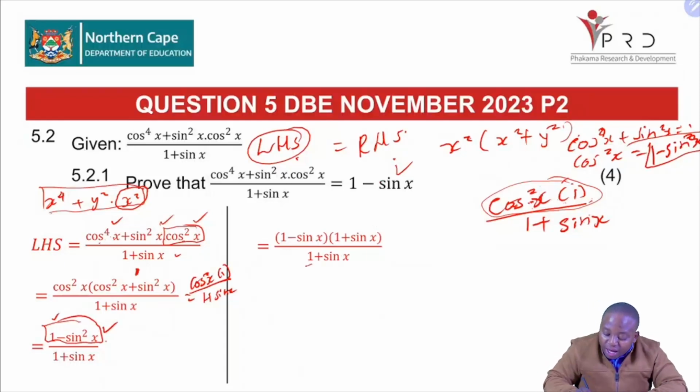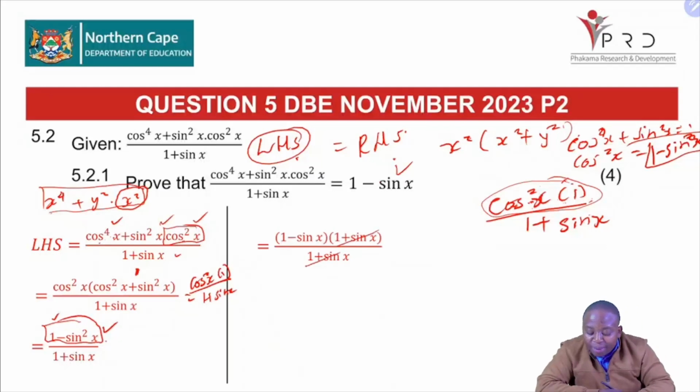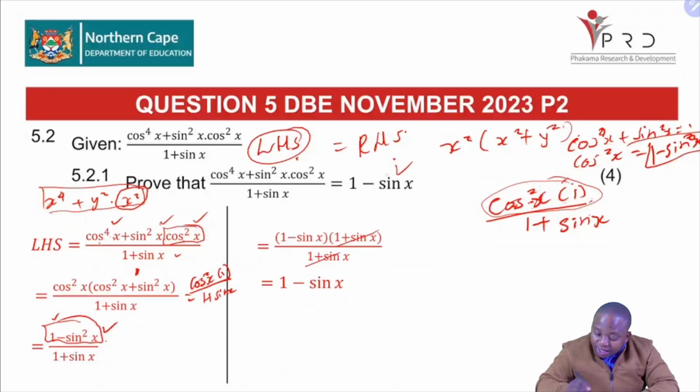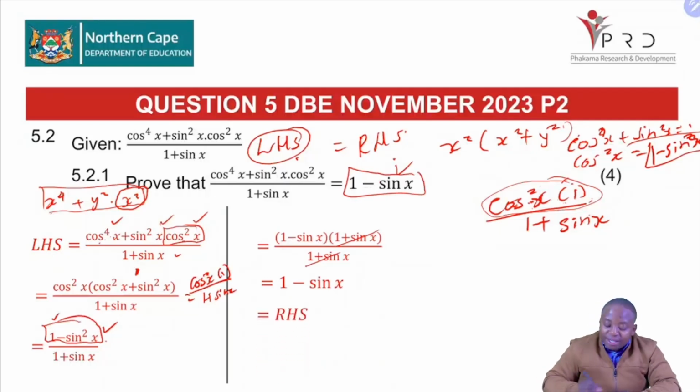Then again, I can see that 1 plus sine x and 1 plus sine x will divide out. Then I will remain with my left-hand side as 1 minus sine x. Therefore, we can see that my right-hand side is also 1 minus sine x. Then we can conclude that the left-hand side is equal to the right-hand side.